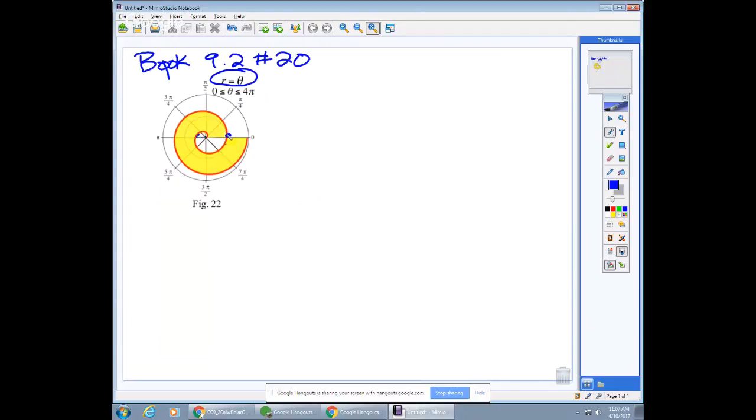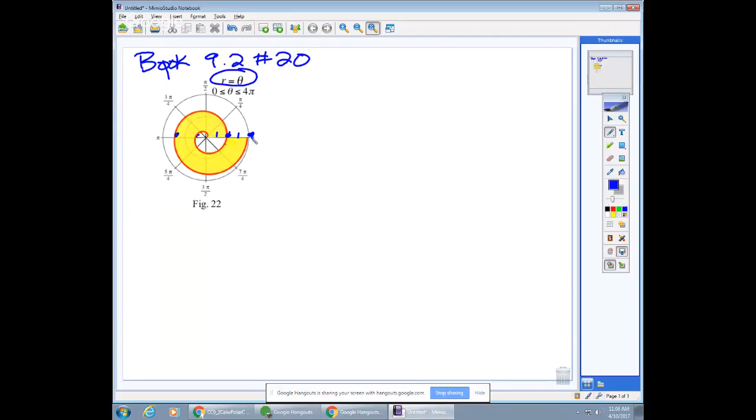Over here, we're 2 pi from the origin, 3 pi from the origin, and 4 pi from the origin over there as we spin around. So there's 1 pi, 2 pi, 3 pi, 4 pi.